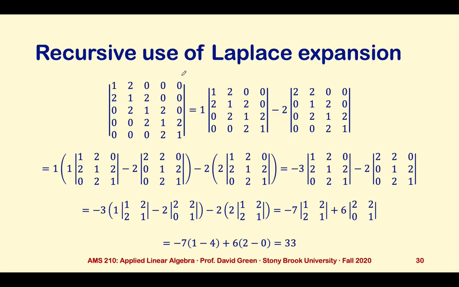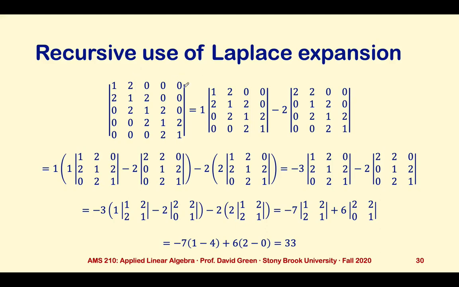Let's see how this works out for a pretty big matrix, 5 by 5. How can we compute the determinant using a Laplace expansion? Well, let's start by expanding along a row or a column.